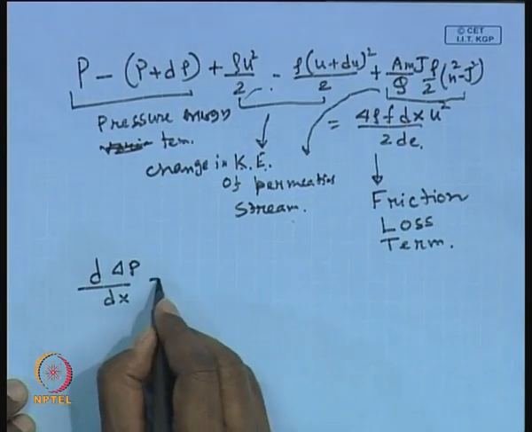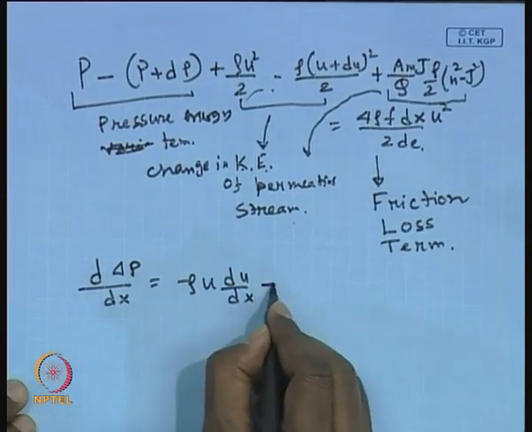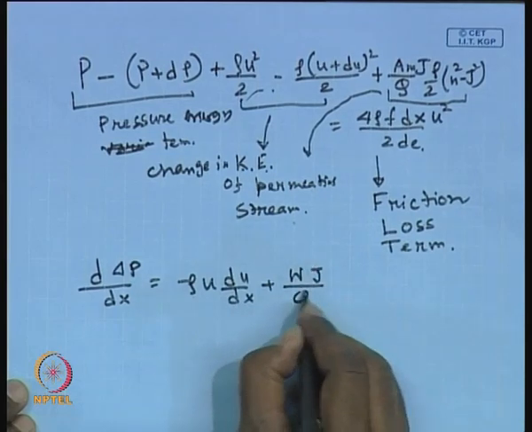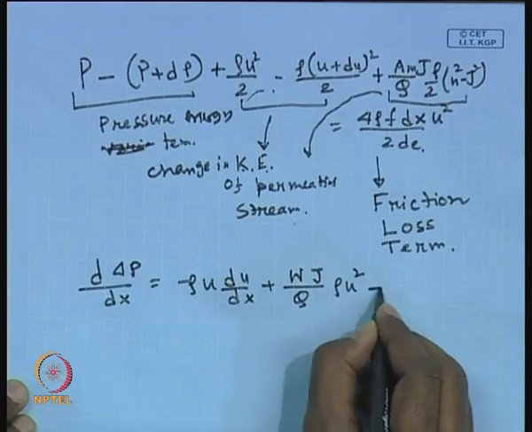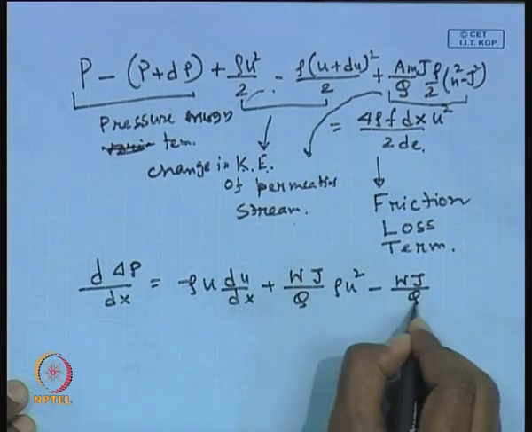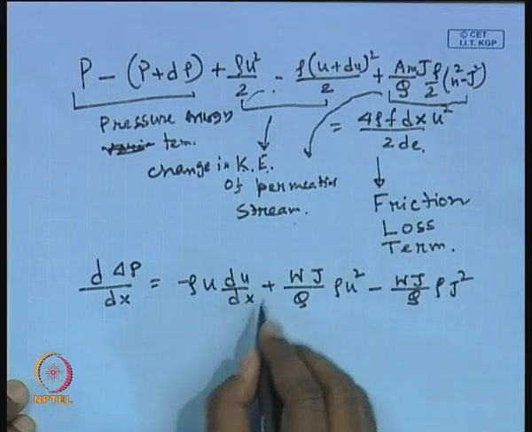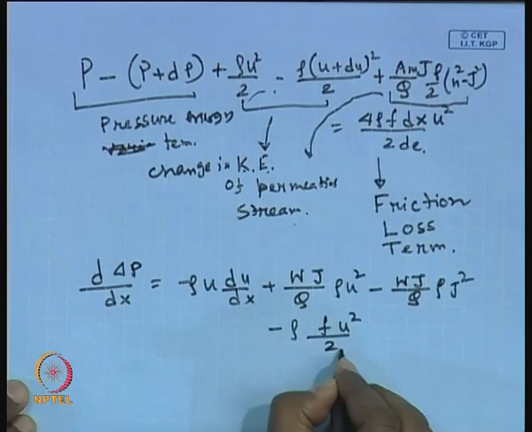D delta p dx minus rho u du dx plus Wj over Q, rho u square minus Wj over Q, rho j square minus rho f u square by 2h.